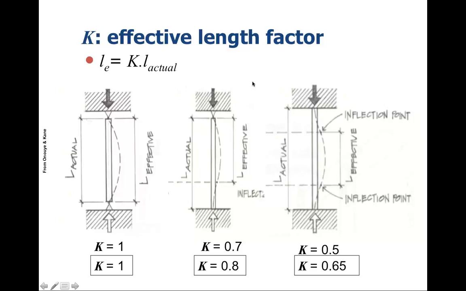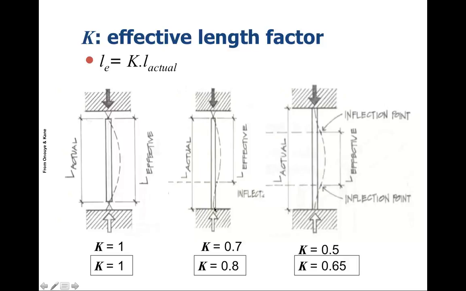So in terms of the effective length factor, which relates to how the column is actually attached or fixed at the top and the bottom, if K is equal to 1, then we're assuming that it's pinned at the top and the bottom, and that the effective L is over the whole length or the height of the column. So basically it can rotate freely as soon as any load is applied.